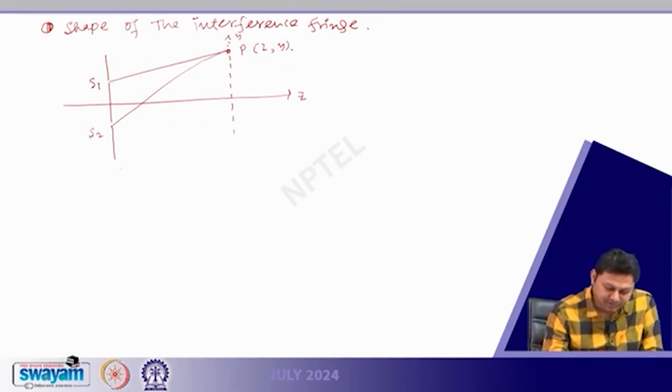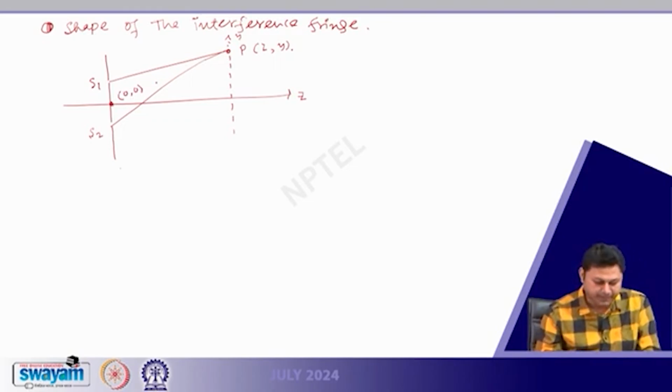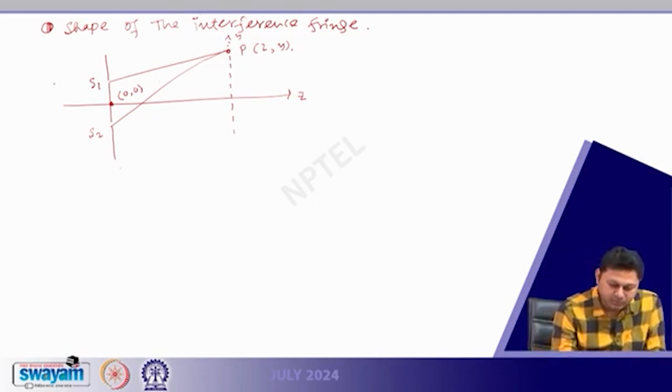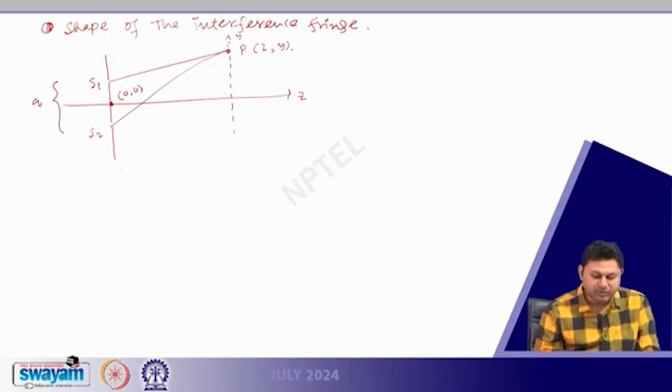This is the origin, the 0 0 point, that is y equal to 0 and z equal to 0, and this separation as usual is a.